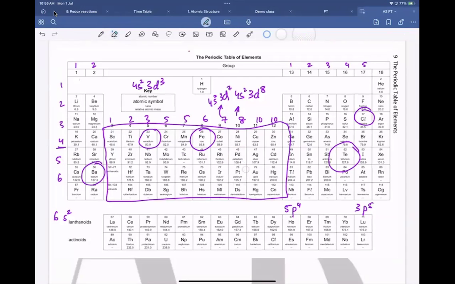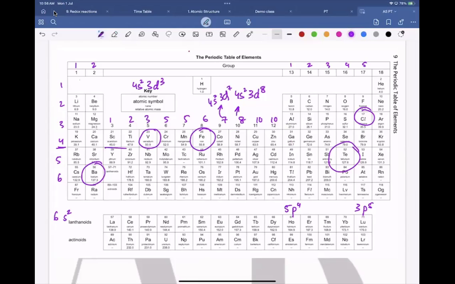In the same way, if I talk about iridium, it is going to be 6s2, 5d7. But usually the examiner asks you the electronic configuration of these 10 from the transition, not more than these 10. Okay.